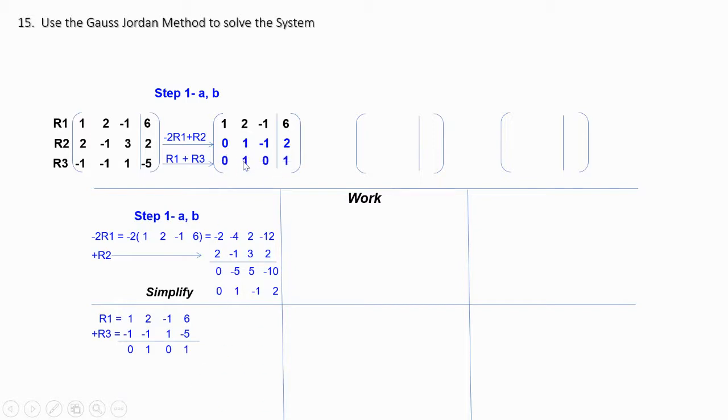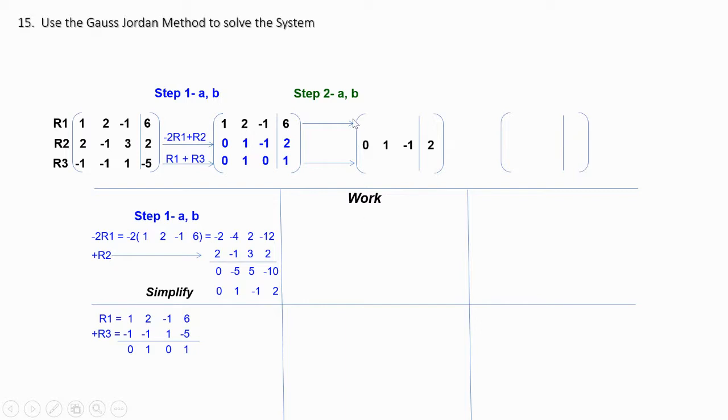Now step 2, the 2 here and the 1 here at the bottom must be zeros. So I'm going to change row 1 and I'm going to change row 3. And like I said, guys, step 1, we keep row 1 how it is. In step 2, we keep row 2 how it is. And then step 3, we keep row 3 how it is.